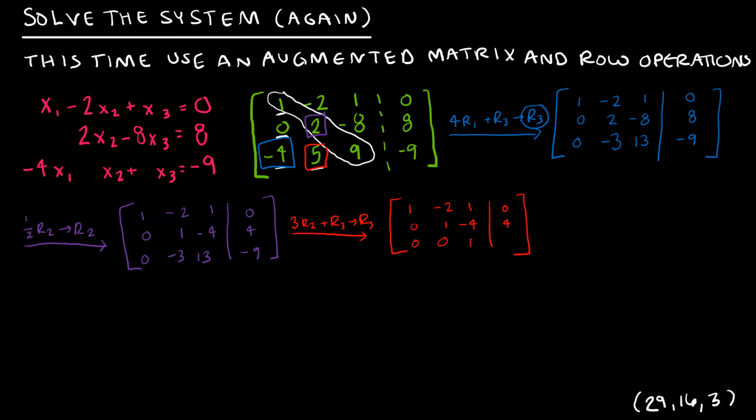And 3 times 4 is 12, plus negative 9 is 3. So far, so good, because remember, that means 0x1 plus 0x2 plus 1x3 is equal to 3, and that's what I want. All right, let's continue on.